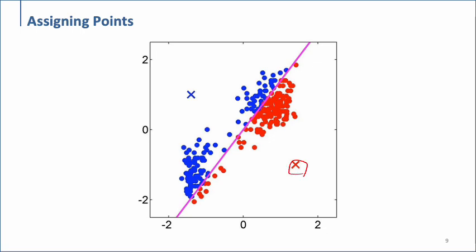Then, using these two centers, we assign all the points by measuring the distance to the centers. For this red data point, the nearest center is the red cross, so it is assigned to the red cluster. Similarly, all the data are assigned to a proper cluster.